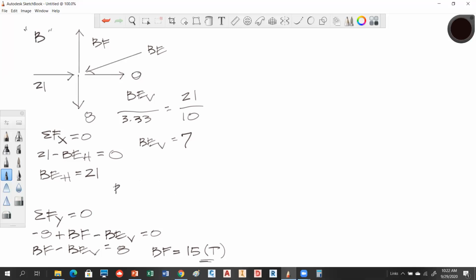And BE is 21 squared plus 7 squared, square root. What do we get? 22 basically. If you carry it out, it's like 22.1. And that would be a compression member.